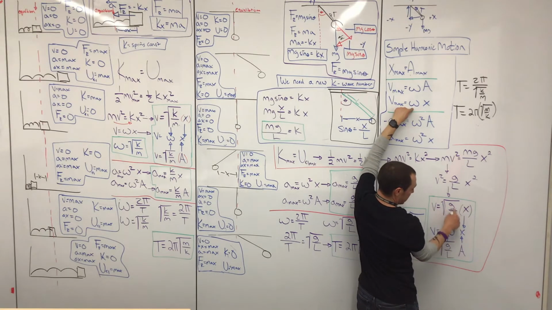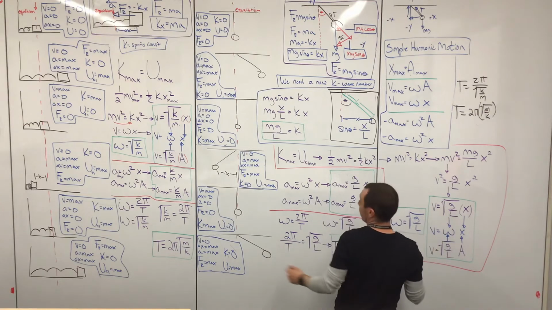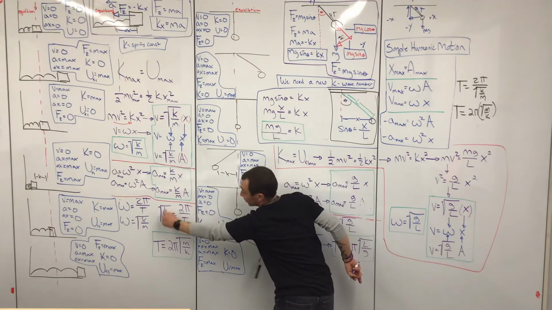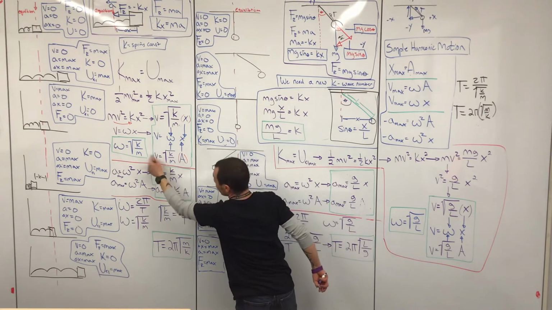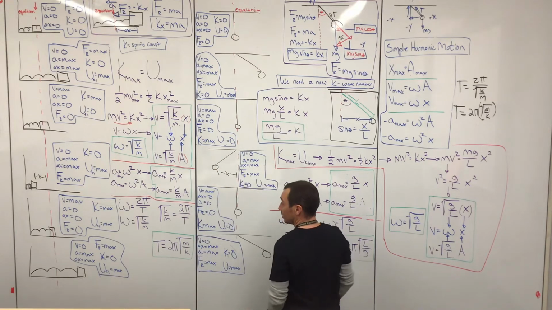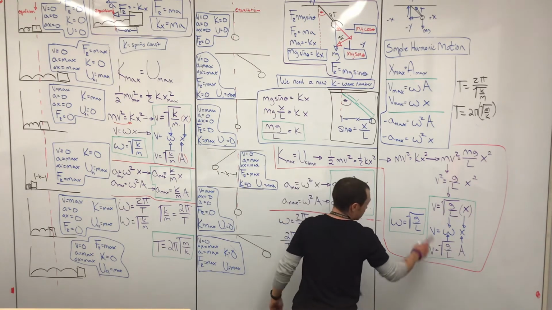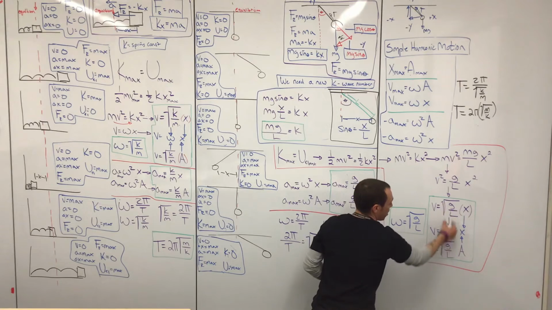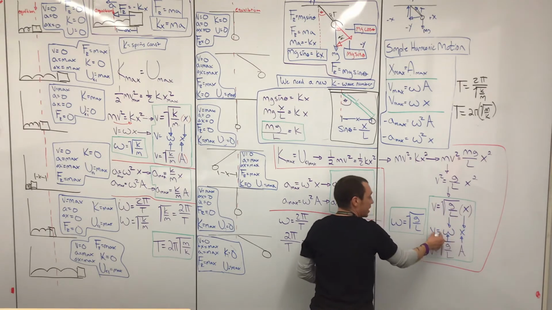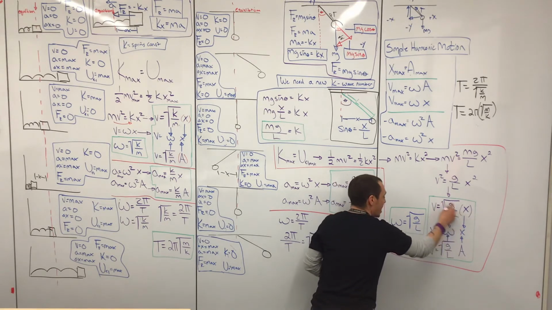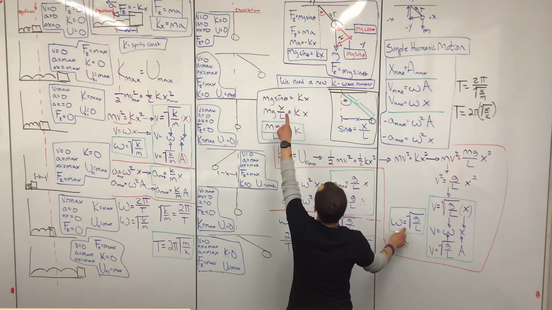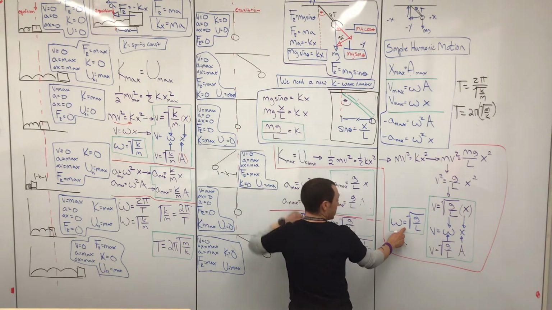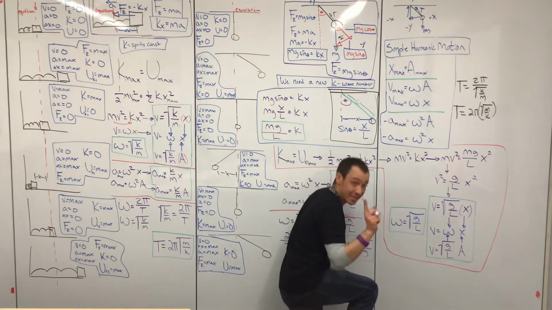And whatever's here is the square root of g over L, and for the spring, what's here is the square root of k over m. So that's how we get that. So we know omega now. We got our omega by finding the velocity, and omega for a pendulum is the square root of g over L. What does that mean?